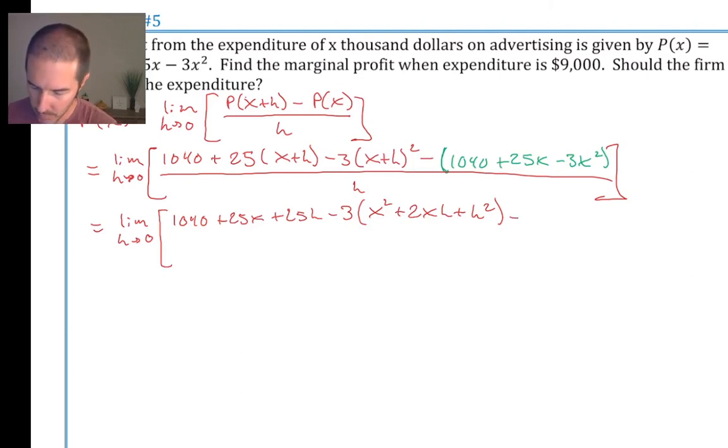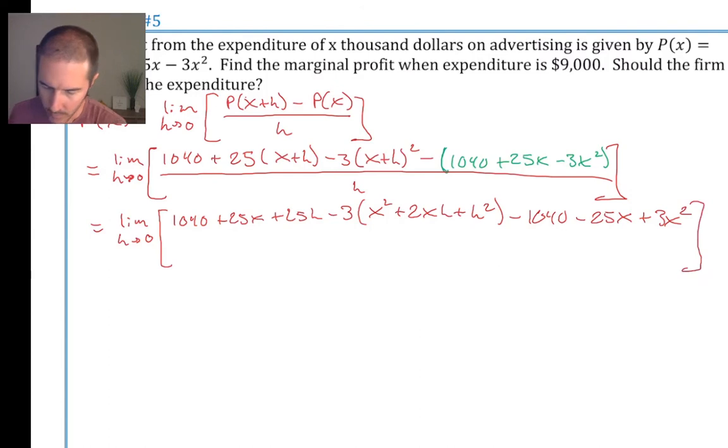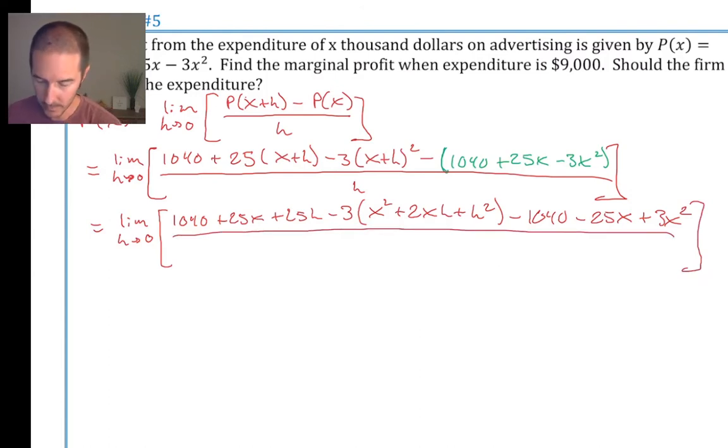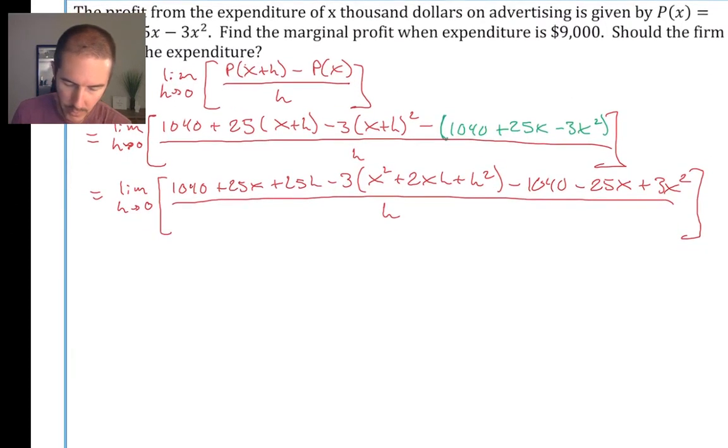Then let's distribute the minus sign, so minus 1040 minus 25x plus 3x squared because of the double negative. And we're going to take all of this and divide it by h one of these days. I keep trying to do it too early, but we'll be patient. Equals still the limit as h goes to 0. We have not evaluated the limit yet.